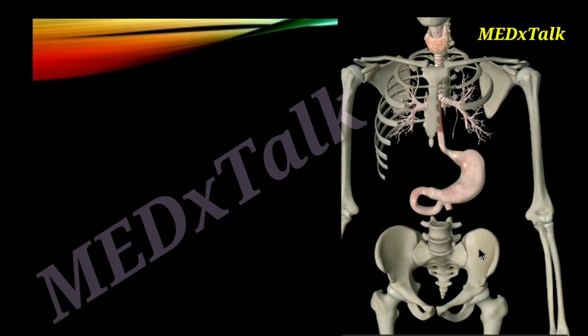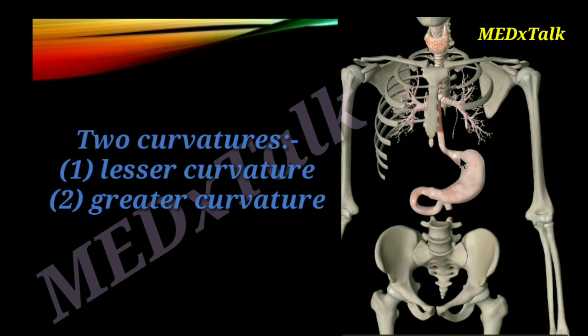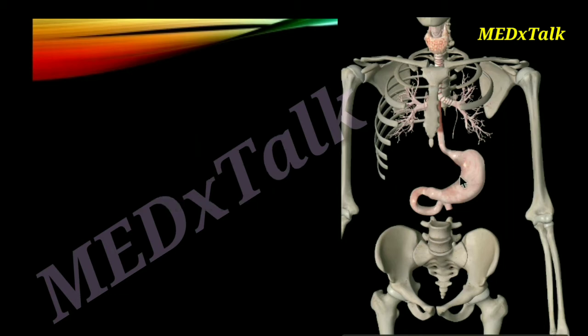The stomach has two curvatures. The first one is the lesser curvature, and the second one is the greater curvature. The lesser curvature is concave and forms the right border of the stomach, and it provides the attachment to the lesser omentum.